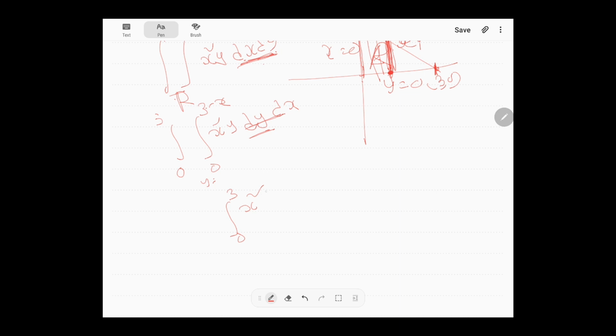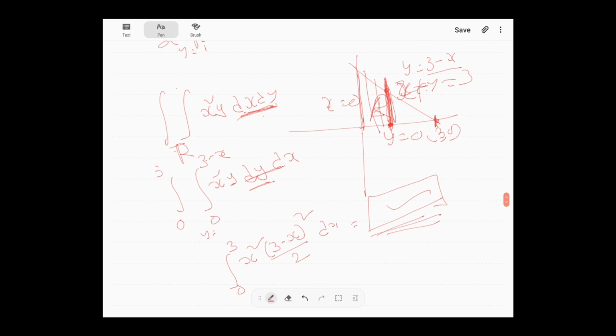Integral of y is y square by 2. In place of y square, I substitute the limits: 3 minus x whole square by 2 minus 0 square by 2. So this is after substituting the limits. Now integral 0 to 3 of x square into 3 minus x whole square by 2. This is an integration of a single variable. You can do that integration and evaluate it. This gives you the value of that integral.